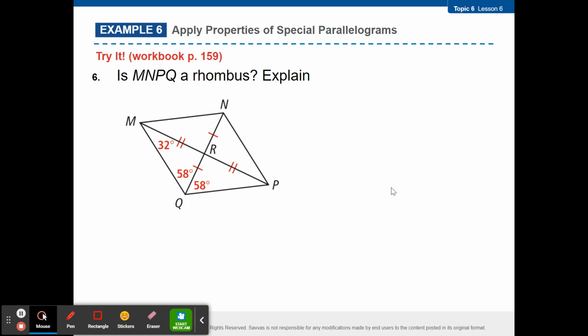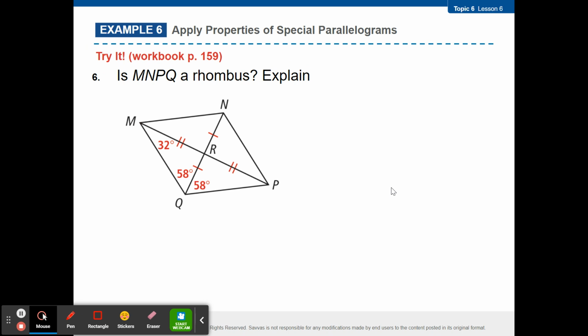Is MNPQ a rhombus? Explain. How do we know? What do you think, Yash? The diagonals bisect each other. So diagonals bisect, not just the angles, but the lines as well.